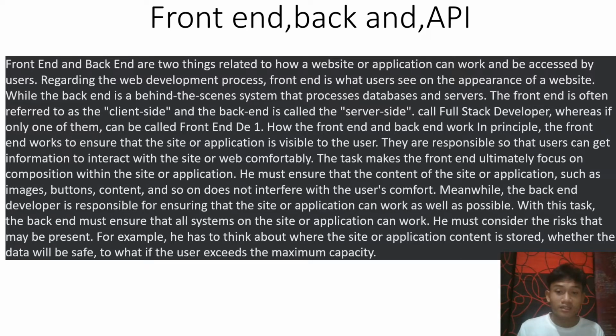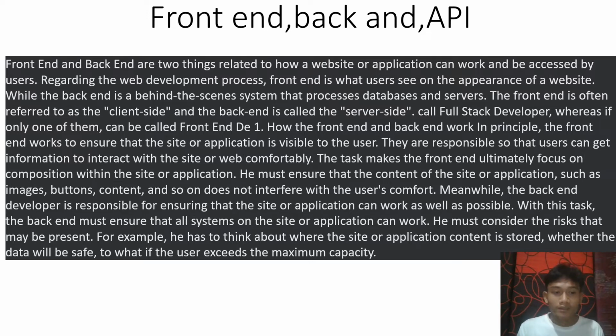The front end ultimately focuses on the appearance of the site or application. It must ensure that the content of the site or application, such as images, buttons, content, and so on, does not interfere with the user's comfort.